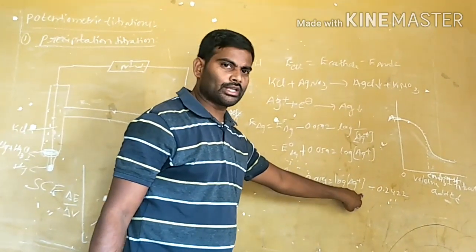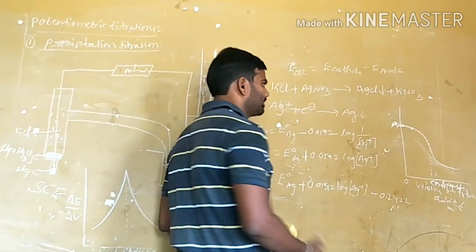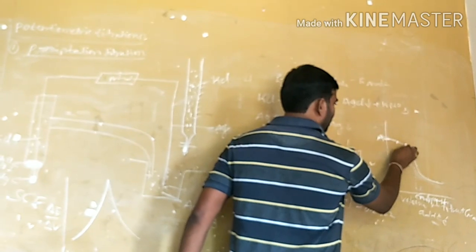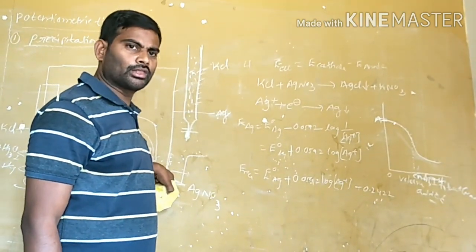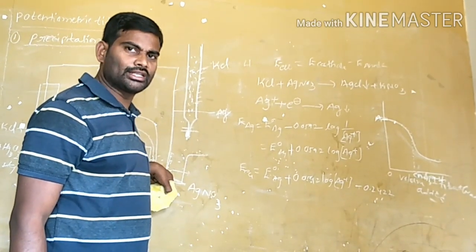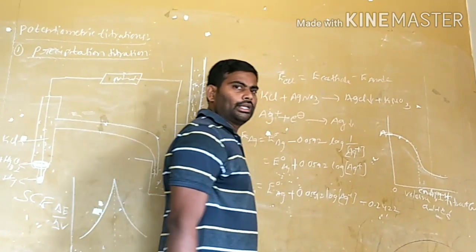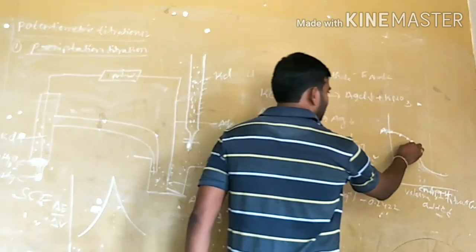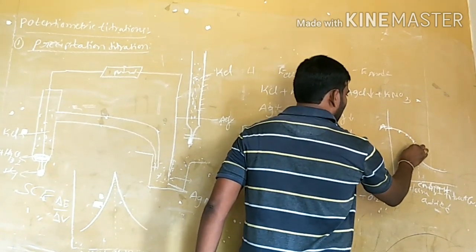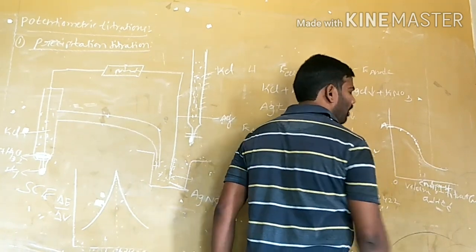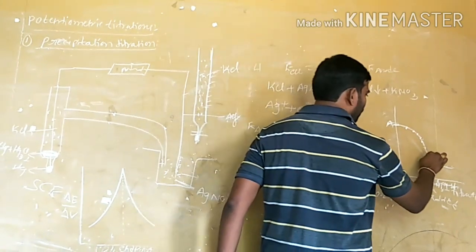As the concentration of Ag plus ions decreases, the E cell value decreases. By the gradual addition of KCl, the potential value keeps decreasing. After the complete neutralization of these Ag plus ions, there is only a slight change in the potential value.